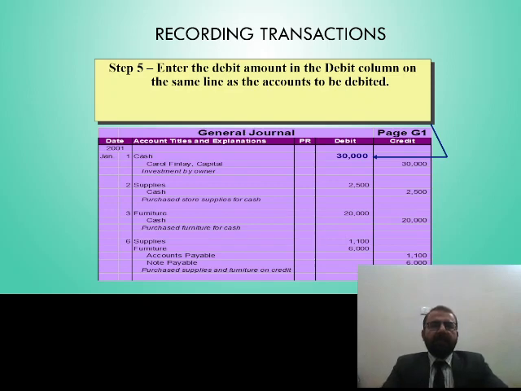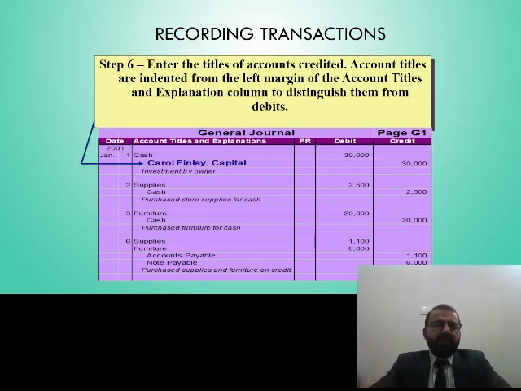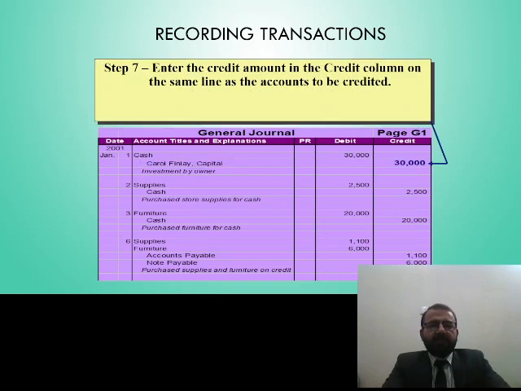Step 3. Enter the debit amount in the debit column on the same line as the account to be debited. Step 4. Enter the titles of accounts credited. Account titles are indented from the left margin of the account titles and explanation column to distinguish them from debits.